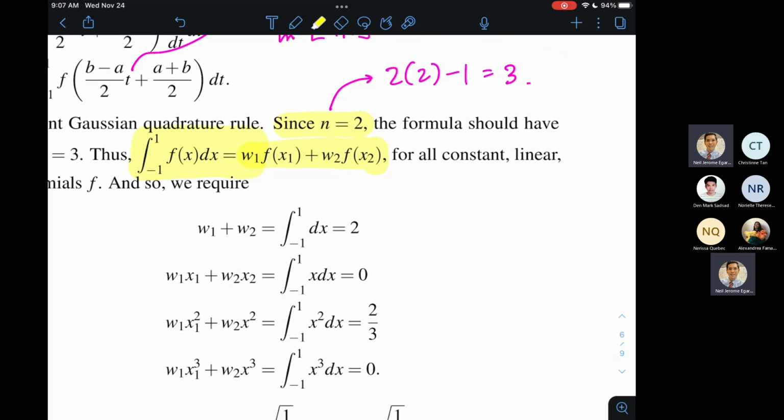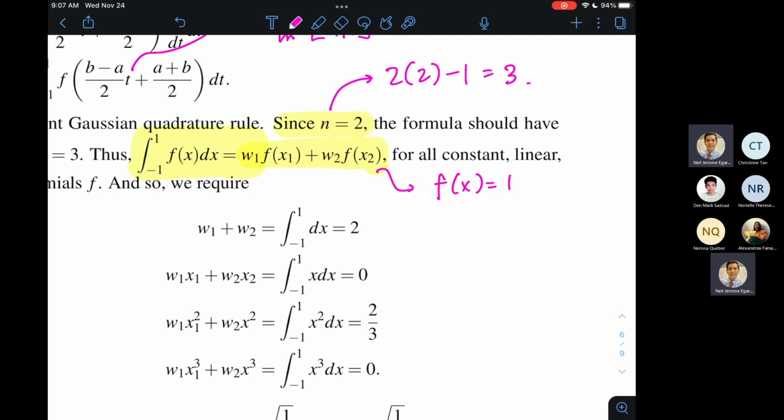Okay? Pero magte-take advantage na naman tayo nung linearity nung integral operator. Ibig sabihin, dapat pag pinalitan ko si f ng 1, ng x, ng x squared, at ng x cubed, dapat totoo itong equation na to.